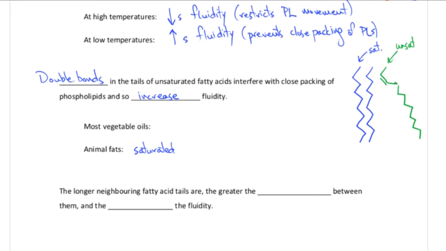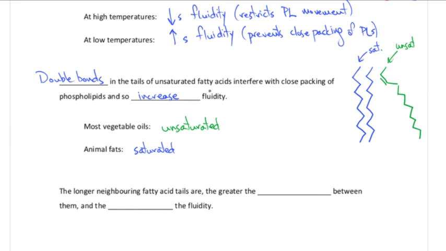So this is an unsaturated hydrocarbon, and it doesn't pack closely next to its neighbors. And so that's going to increase fluidity. Think of it as moving away from freezing, if you like. And most vegetable oils contain unsaturated fats. Like this prevents close packing. They are liquid at room temperature.